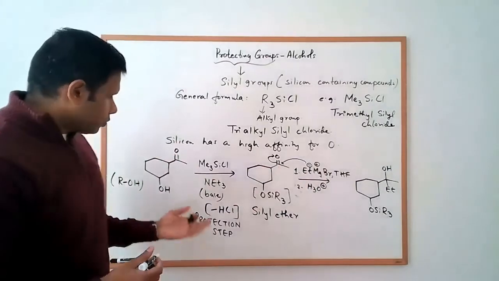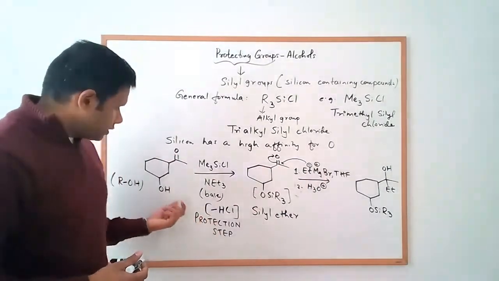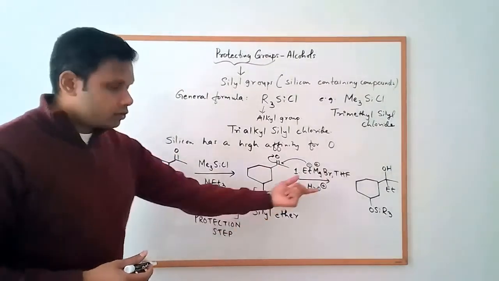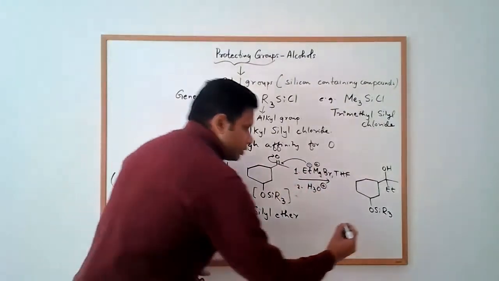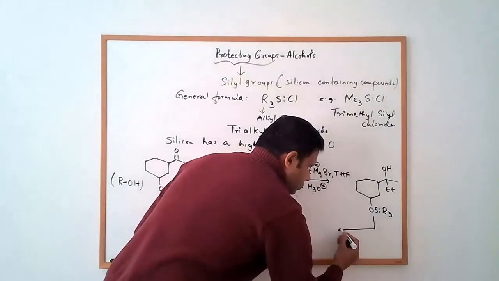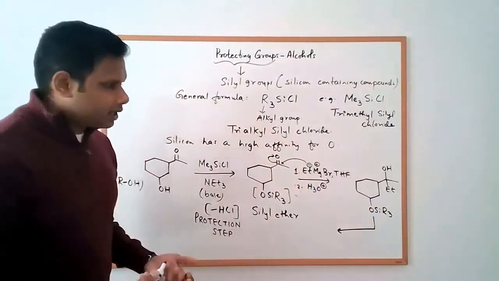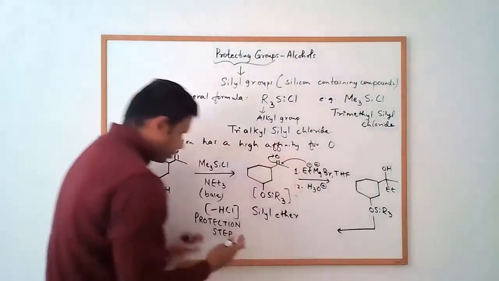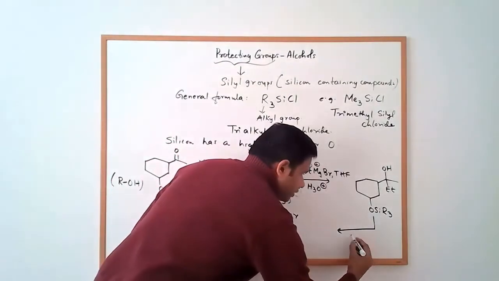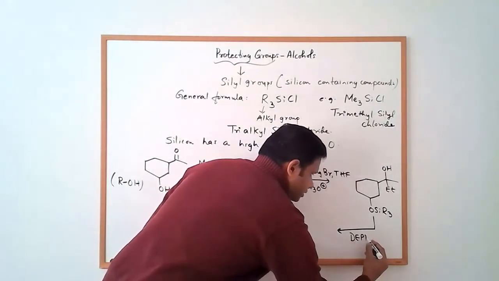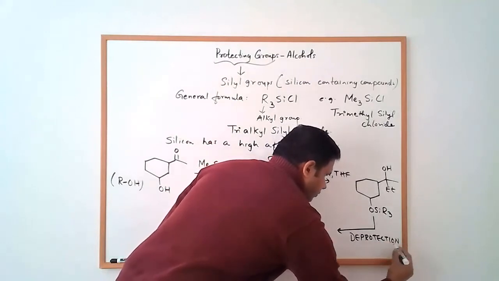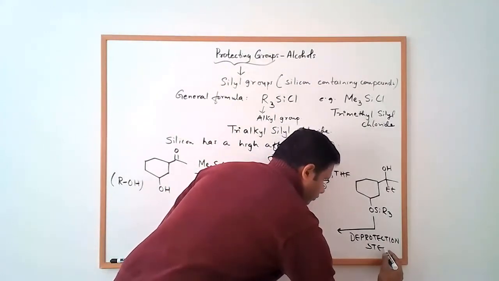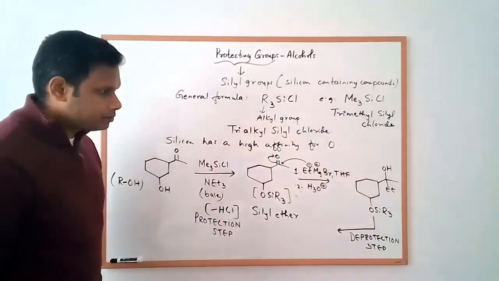But the issue is now our molecule is different, right? We started with an alcohol group here, and now we're stuck with a silyl ether. So how do we get rid of that? It's possible, and what you have to do is what's called a deprotection. So we protected, and now we have to do a deprotection step.